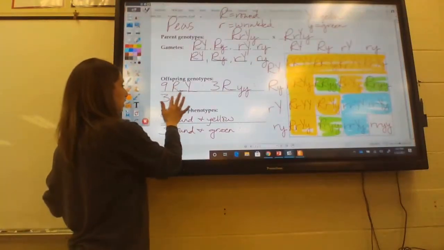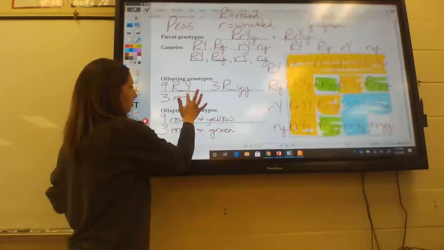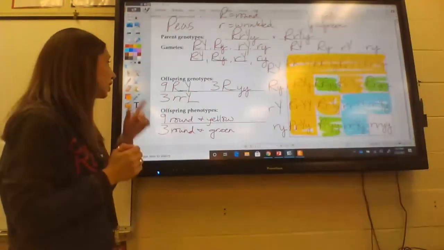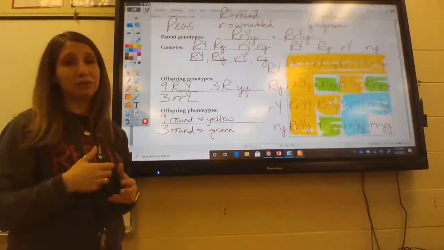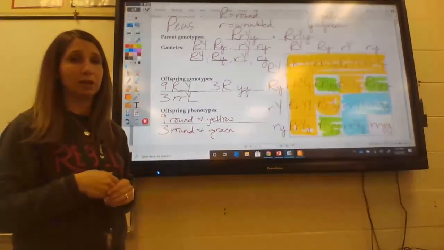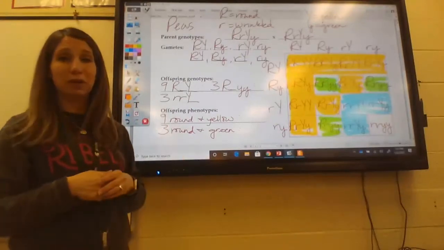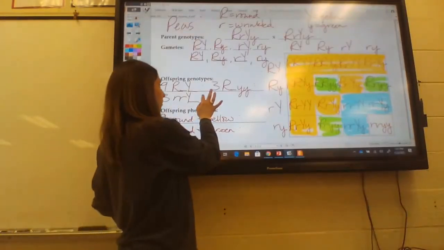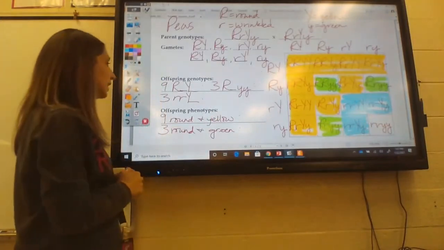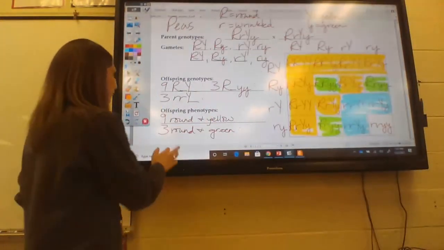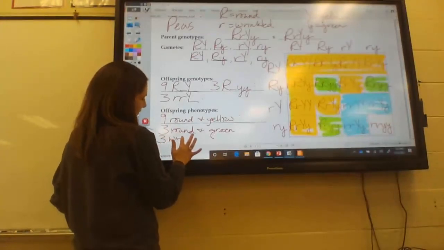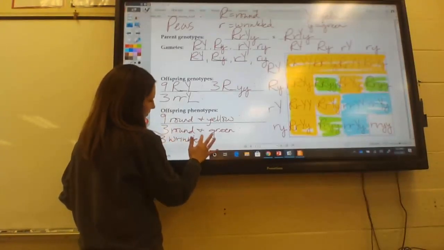So I'm going to put 3 little r, big Y with a little placeholder. Again, to show that I know that they have to have 2 recessive alleles to show that recessive trait, but they can have more than 1 dominant allele, or they can just have 1 to see the dominant yellow phenotype. So my phenotype for this, I can go ahead and write 3 wrinkled and yellow.